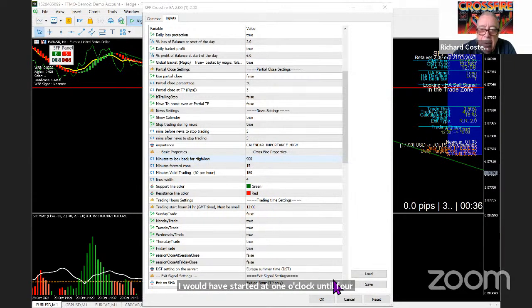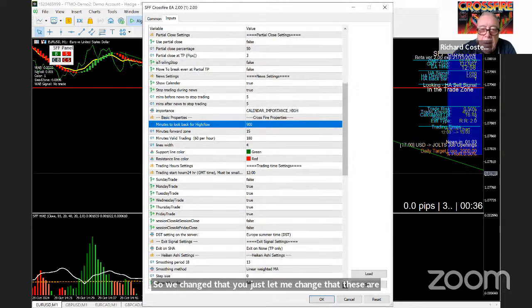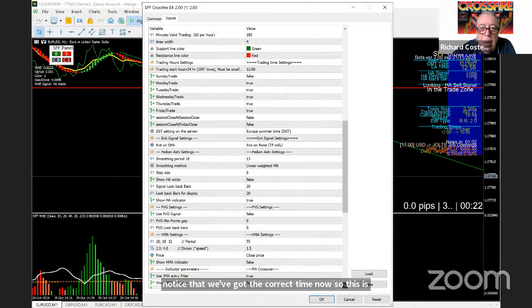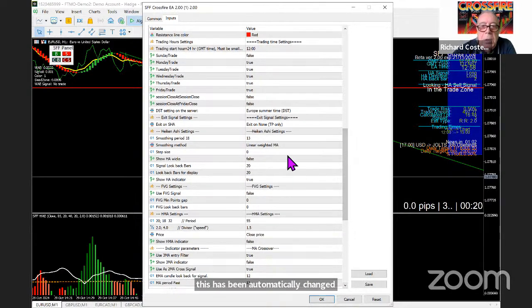These are all, you'll notice that we've got the correct time now. So this has been automatically changed. Heikin-Ashi settings. I've got my Heikin-Ashi set on 13.